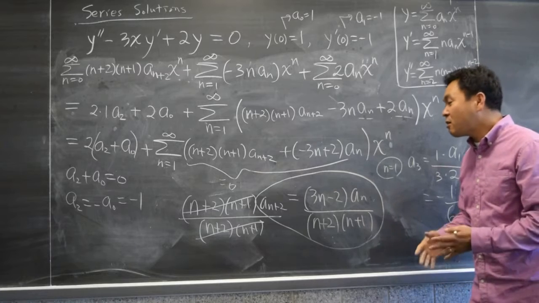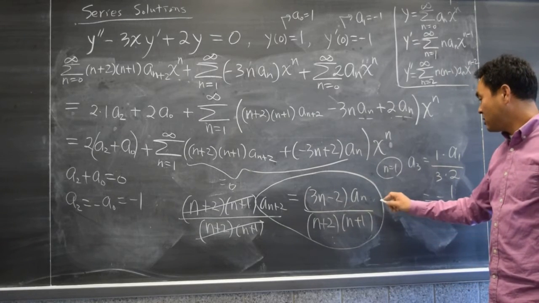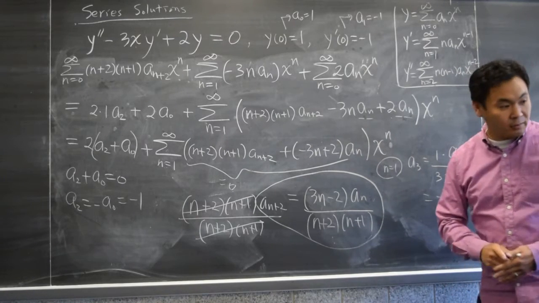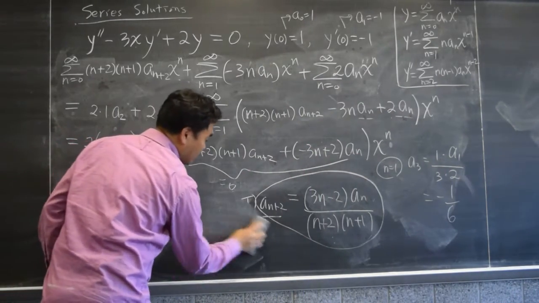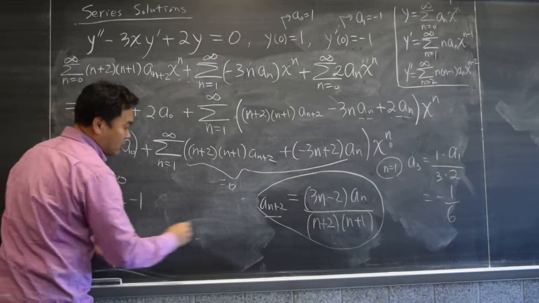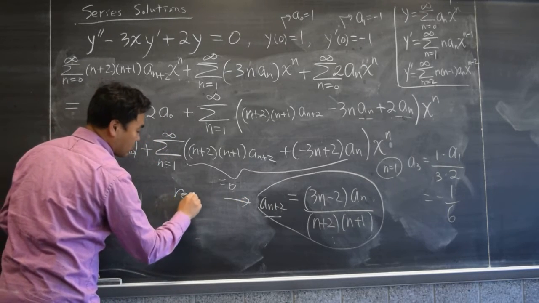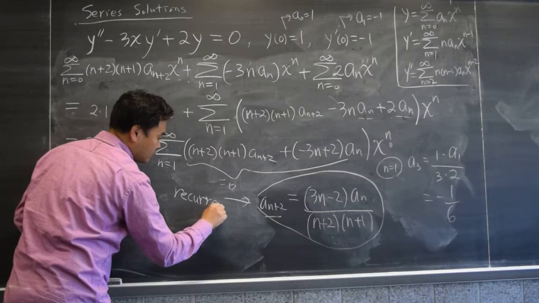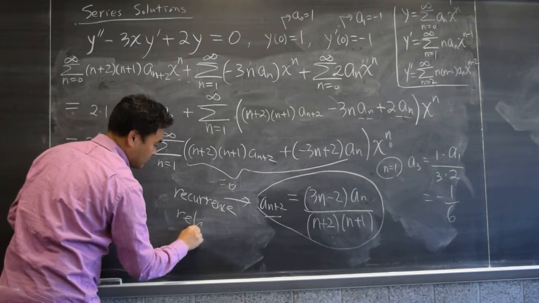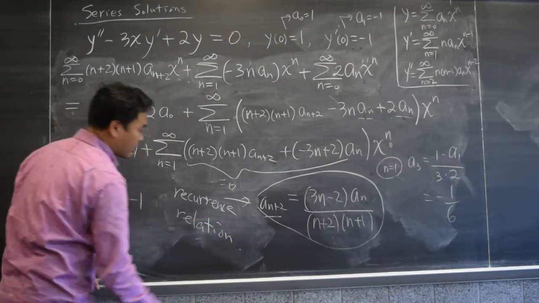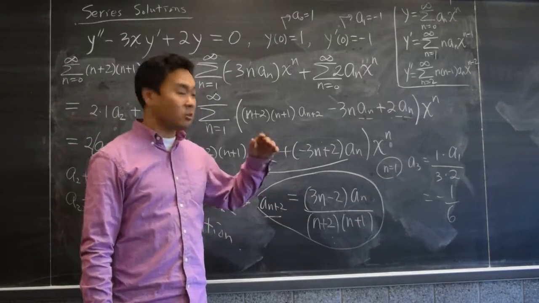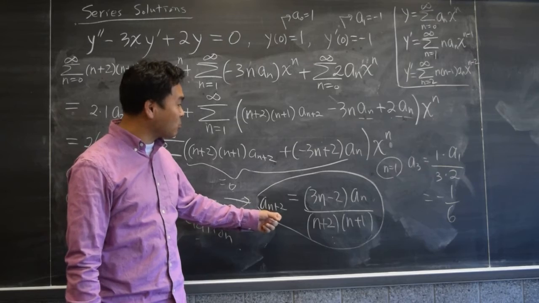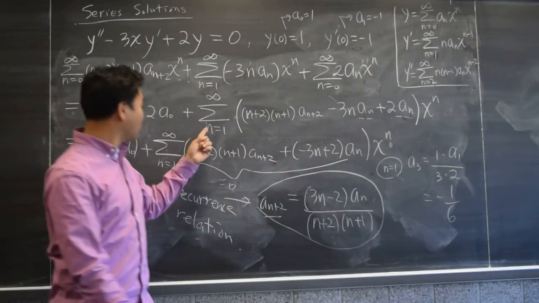Okay? And therefore, this has a name. This is called the recurrence relation. So maybe I should delete this and say that this one here is called the recurrence relation. Using the recurrence relation, you can plug in n equals 1, because this starts from n equals 1.